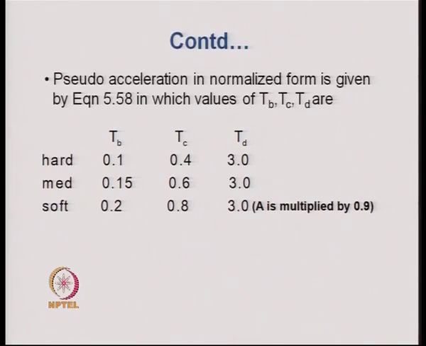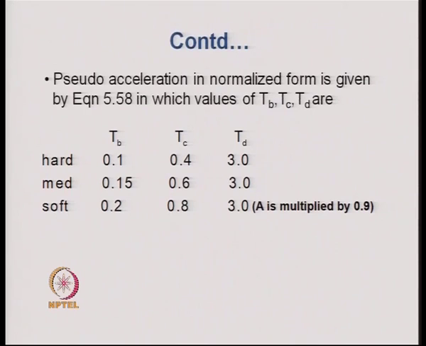But before that, let me talk about the 3 periods TB, TC, TD for hard, medium and soft soil. TC, as I told you, is the upper limit of the time period up to which the SA by G curve remains a horizontal straight line.